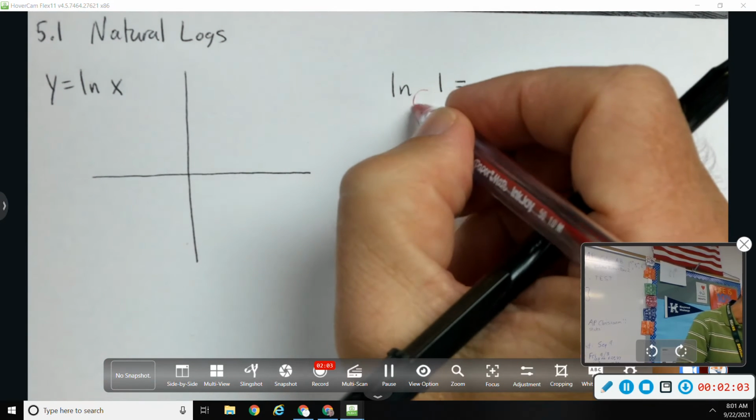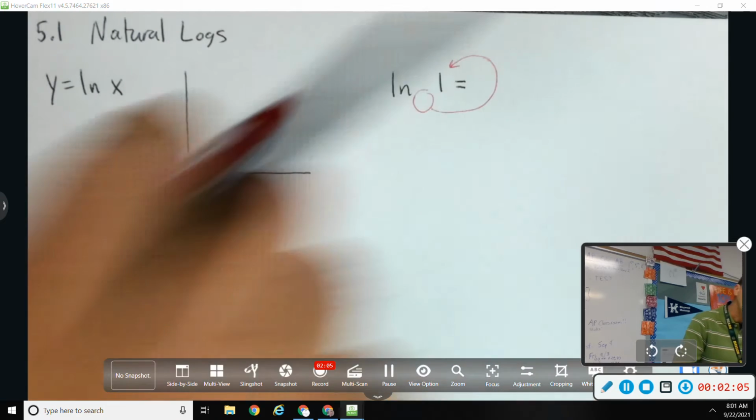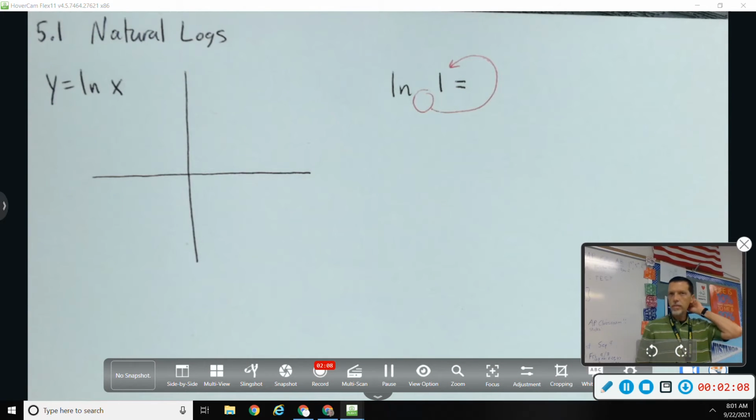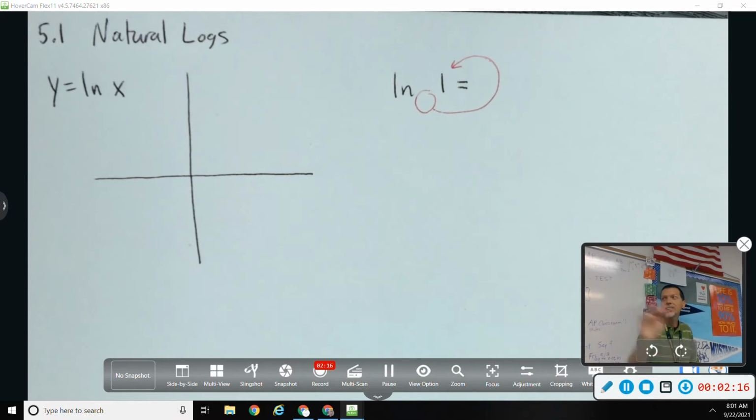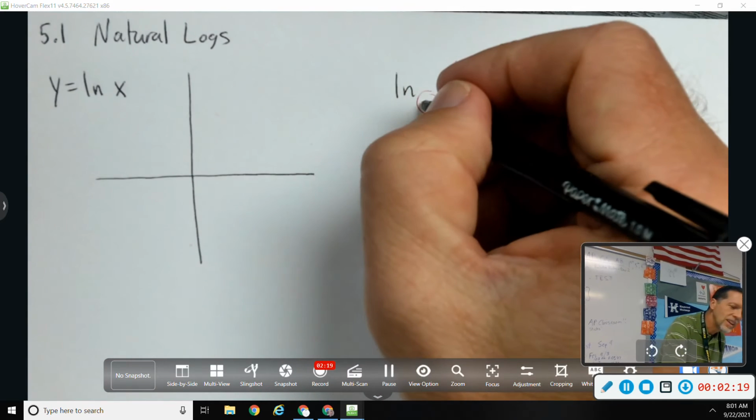You remember logs are the fish hook thing, the loop-de-loop thing? What's the base for natural log? What's the little number down here? It's e. 10 is if it's just log. This is e.